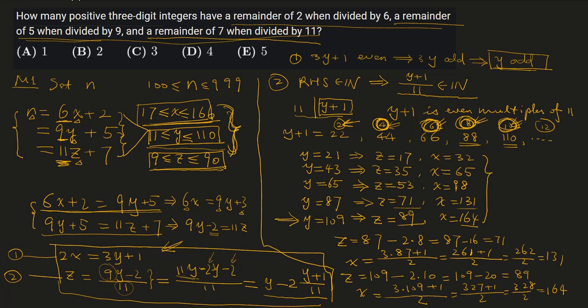Therefore, we have 5 possible values for this n, right? There is one possible value for each of these solutions. To save time, we don't have to solve this n. Therefore, the choice is E, 5. We have 5 possible 3-digit integers that satisfy all these 3 conditions.